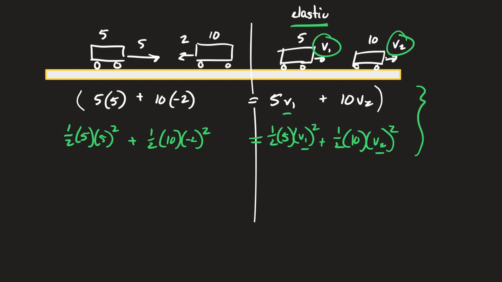If you want to know how I'm going to figure out whether you know this or not, I'll tell you how I'm going to do it. I'm going to give you one of these velocities. I'm going to ask, what is the velocity of the other car after the collision?